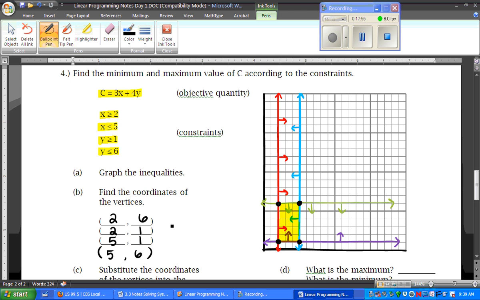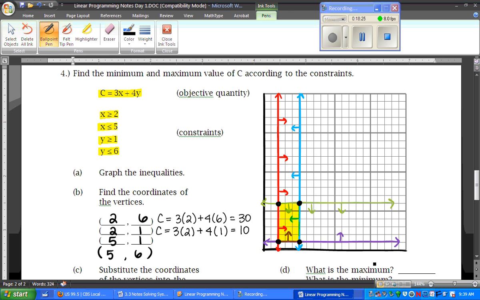If I go back to my objective quantity, I plug in 2 for x and 6 for y. Go ahead and type it into your calculator. You should get 30. For the second one, I plug in 2 again for x, 1 for y.